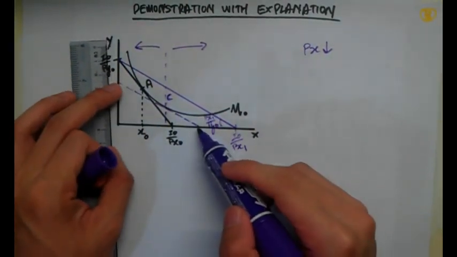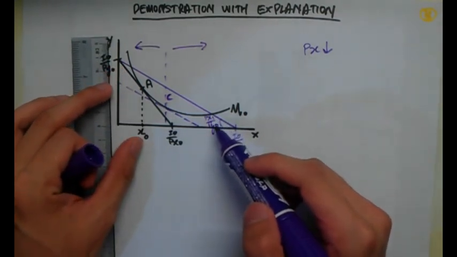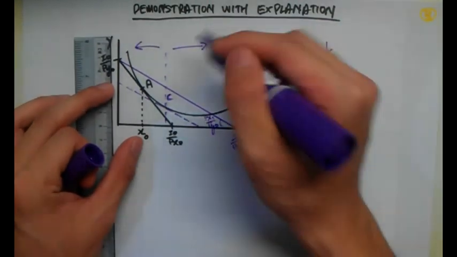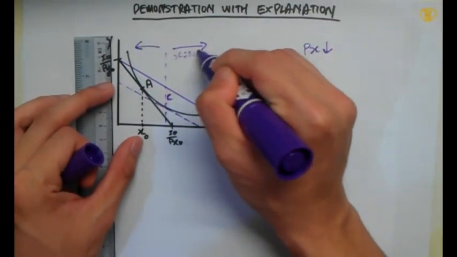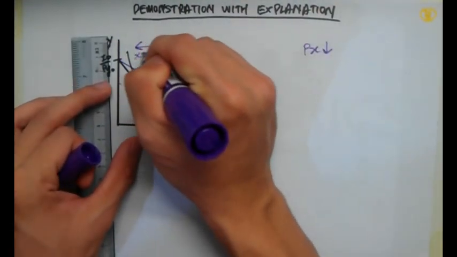The imaginary budget line is below the new budget line, which means that real income has increased. So if I'm buying more X going towards this side, that means X is a normal good. If I'm going that way, X is an inferior good.